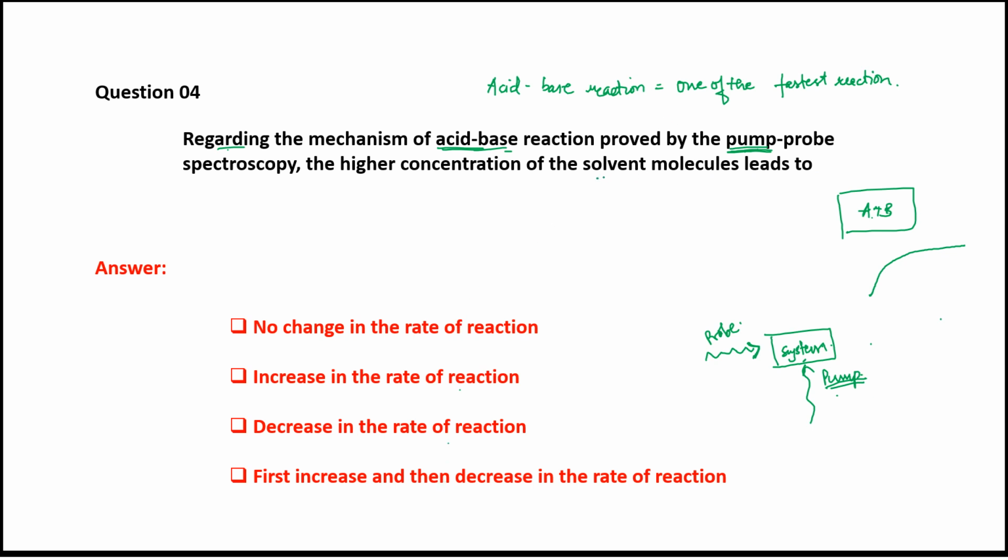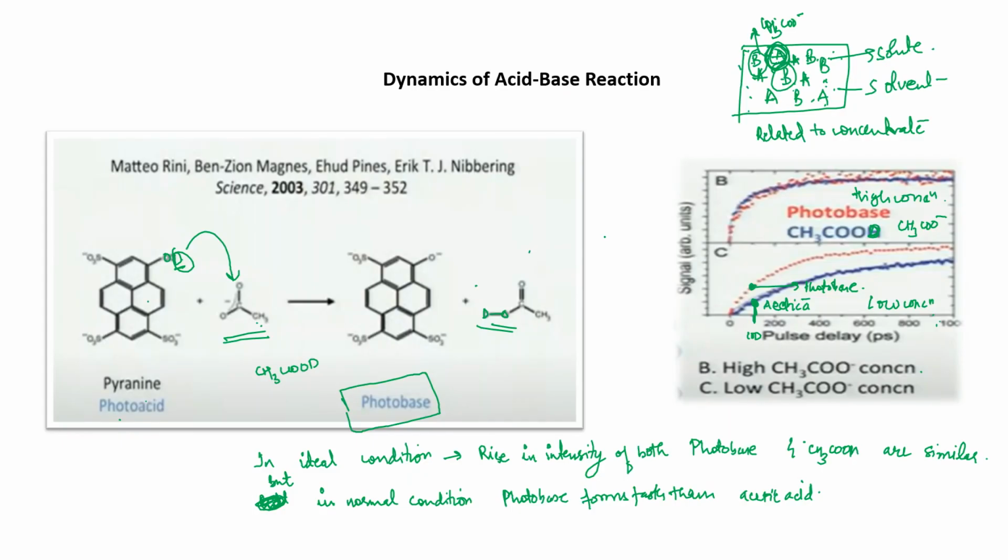Okay, so here they are talking about the solvent molecules. If the solvent molecules are high, means the solution is dilute, right? And if the solution is dilute, say the solute.